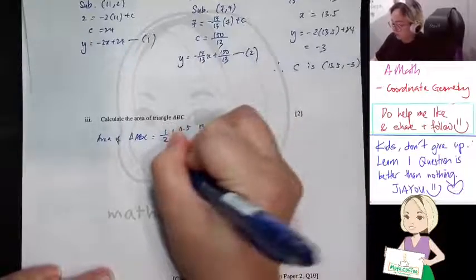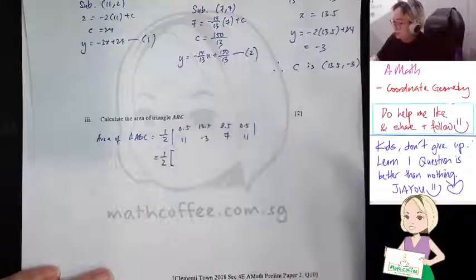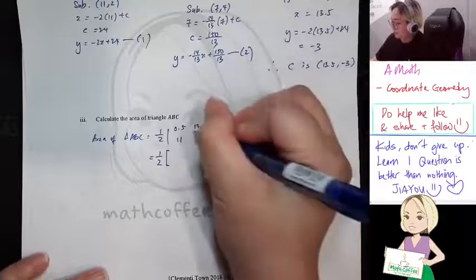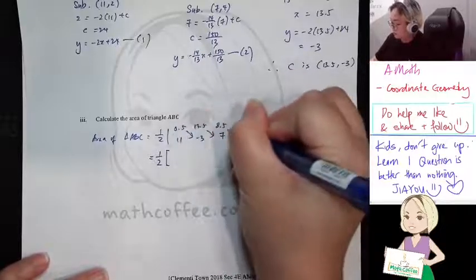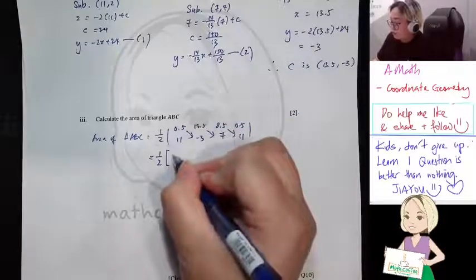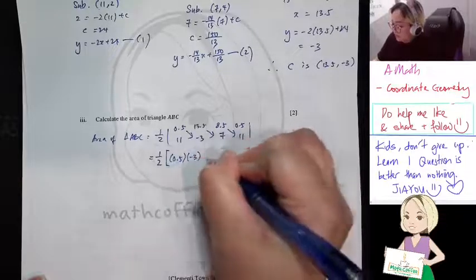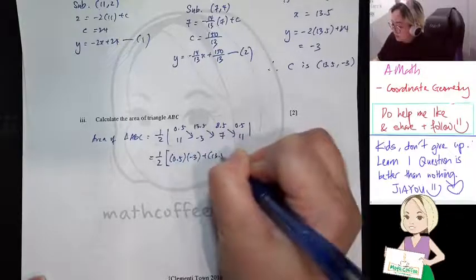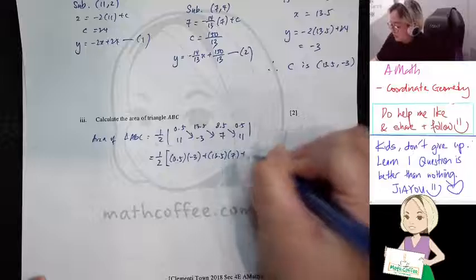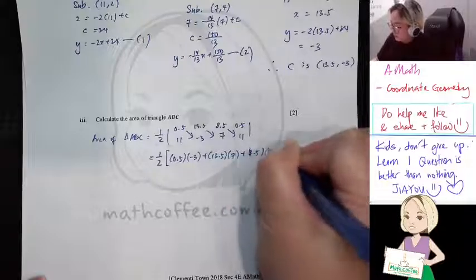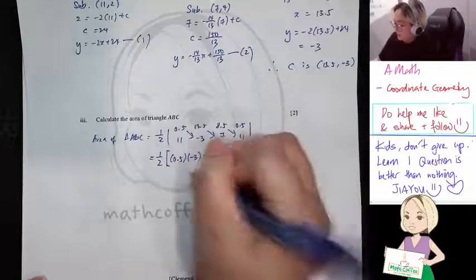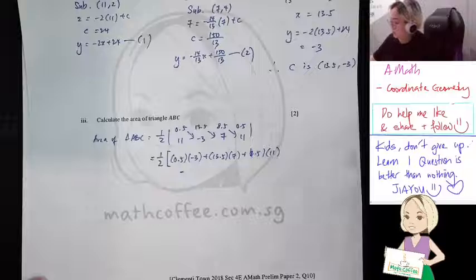Okay, so half. What I usually do is, see here, this direction I will put as plus. So it's 0.5 times -3 plus 13.5 times 7 plus 8.5 times 11. Then after that, minus.